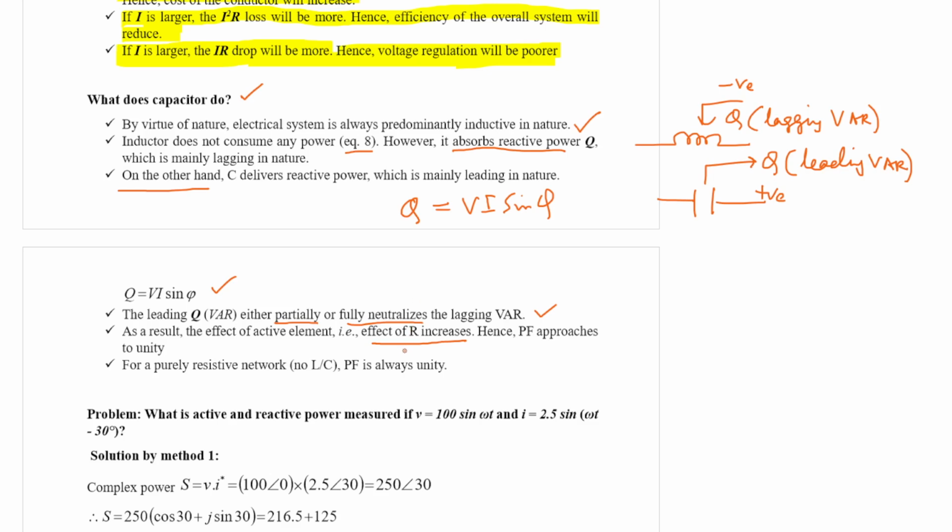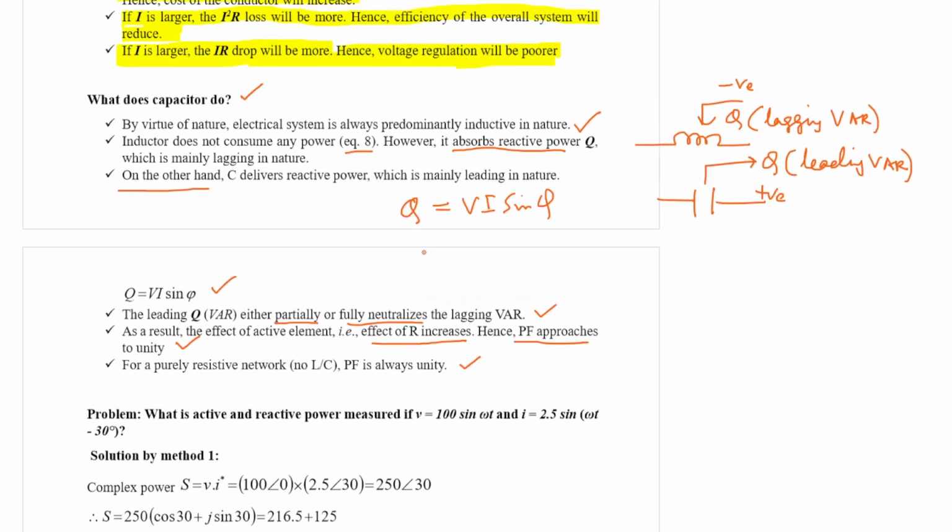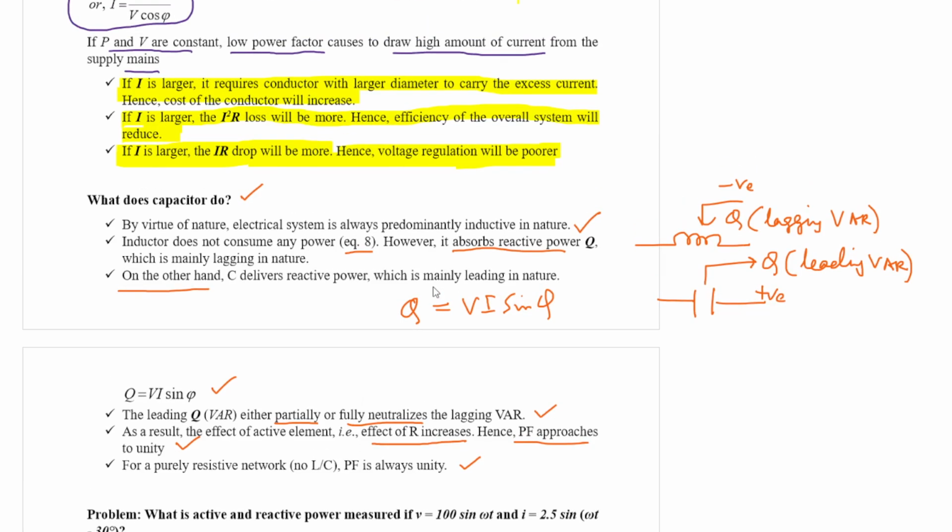It starts taking less reactive power from the supply. So the effect of R, that is the overall resistive effect, increases, and hence power factor approaches unity. Lastly, the power factor for a purely resistive network is always unity. So we have seen this fact.